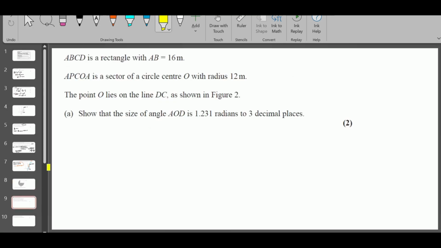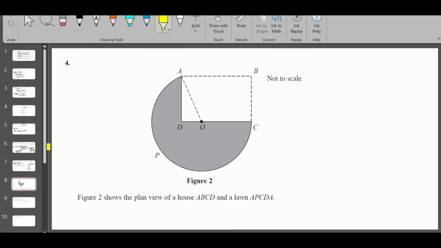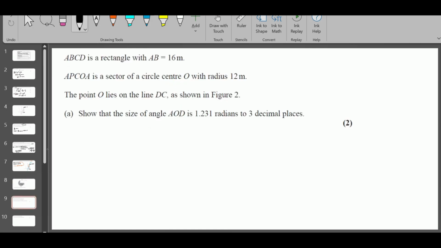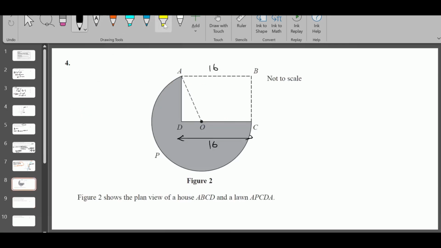Okay. Let's read the question further. ABCD is a rectangle with AB is equal to 16. So DZ is also 16. This length DZ is also 16. And then APCOA is a sector of a circle with radius 12.